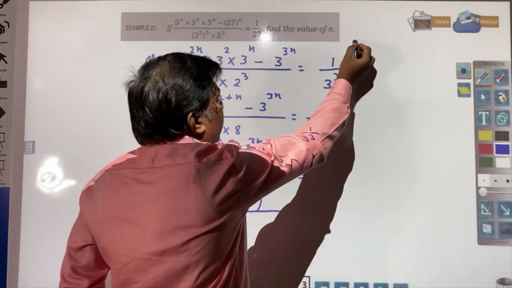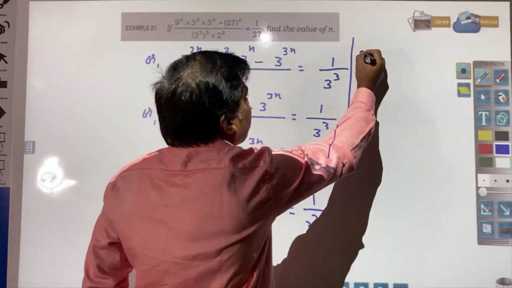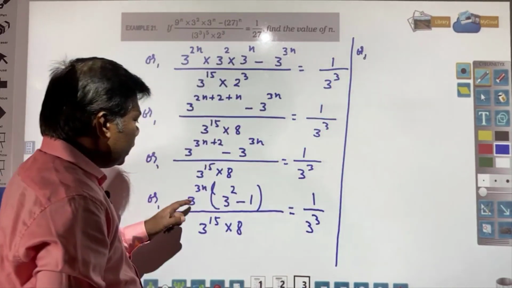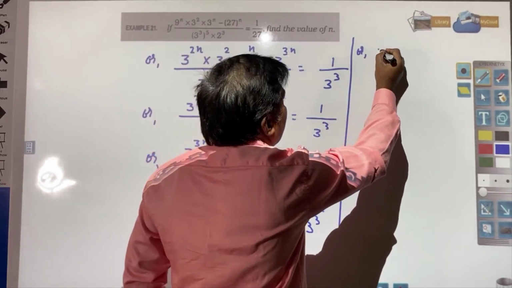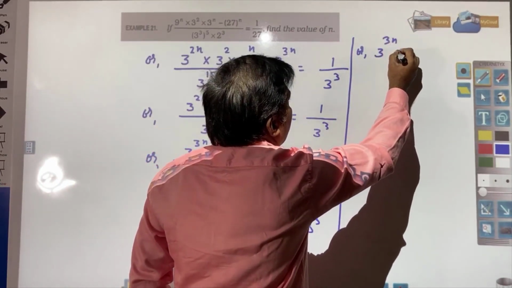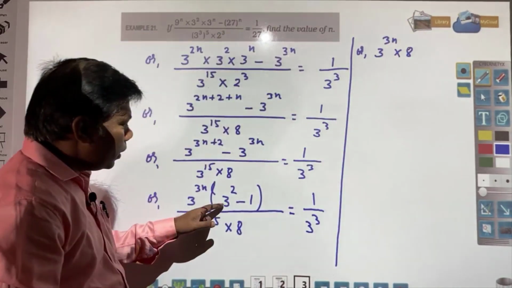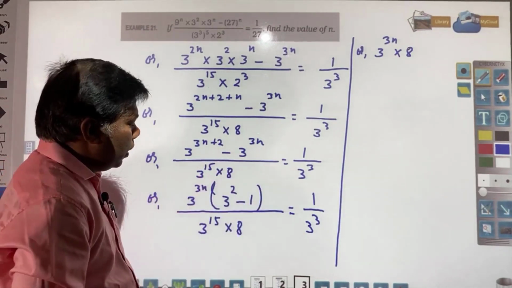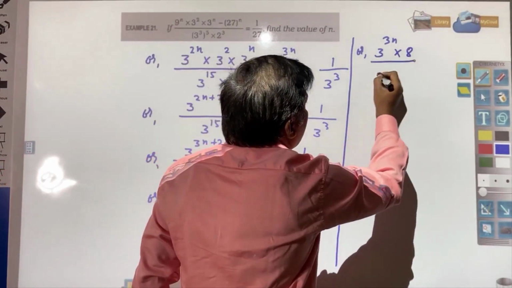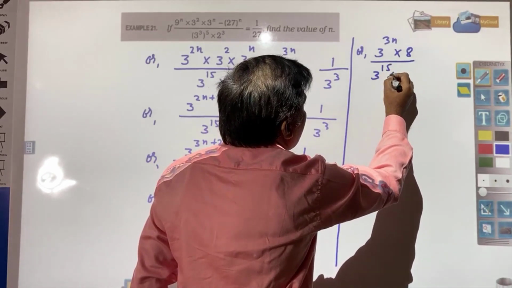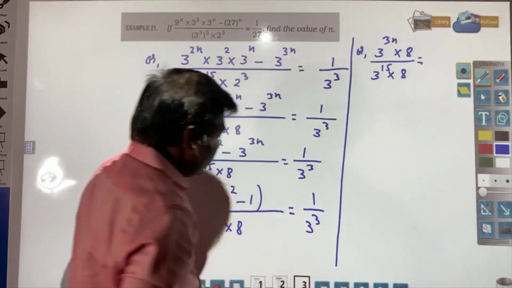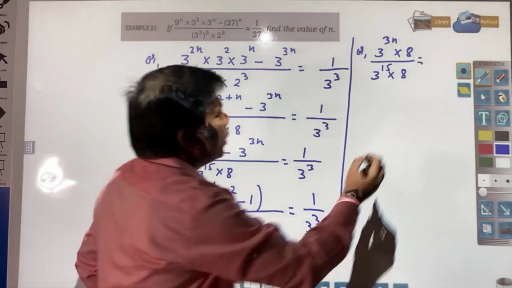Now, here you see 3 to the power 3n into 8, 3 3 is 9 minus 1, divided by 3 to the power 15 into 8, and that is equal to 1 by 3 to the power 3.